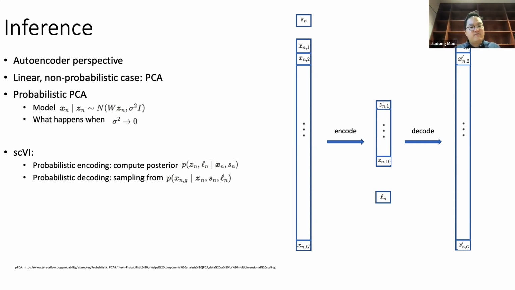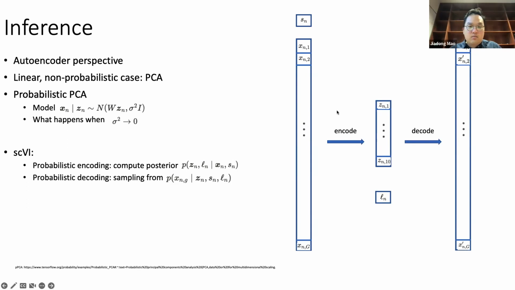And because everything is probabilistic, we can even use this model, SCVI, as a data simulator. Suppose we have trained an SCVI model from single-cell RNA-seq data.